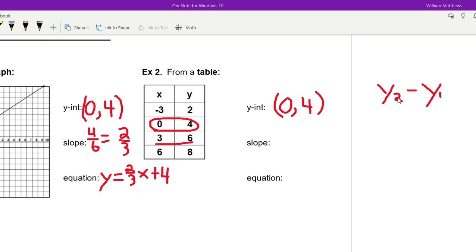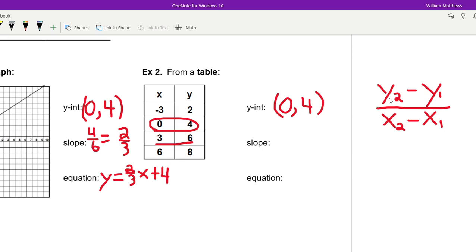Our subscript 2 and 1 show which point we are referring to, over our difference in our x values. Yet again, the subscript 2 letting us know which point we are referring to. So if we follow the order of what we received the points, this would be our second point that we chose.